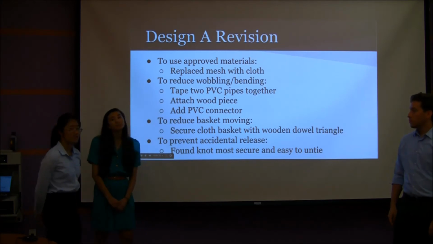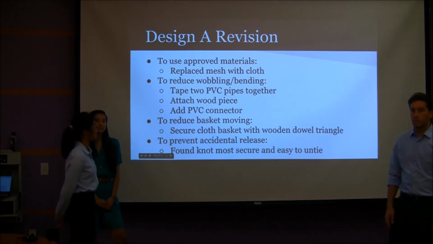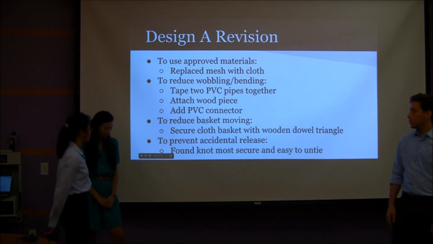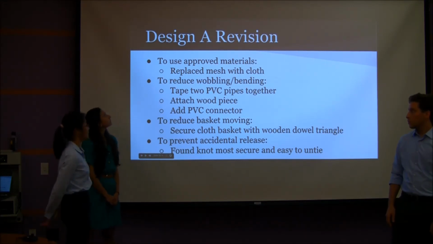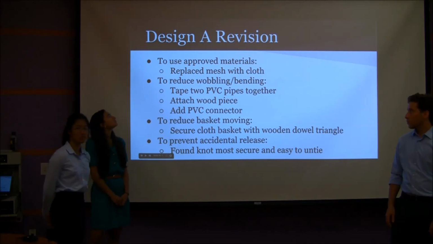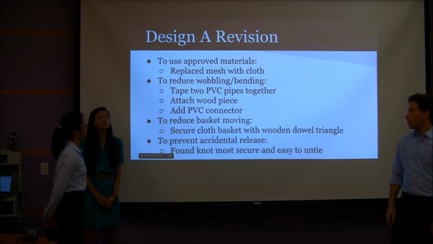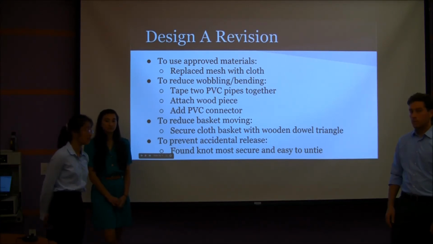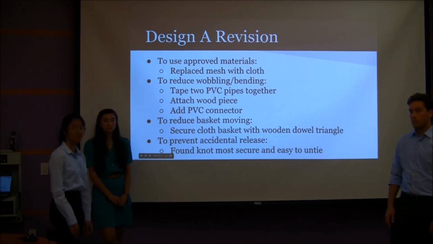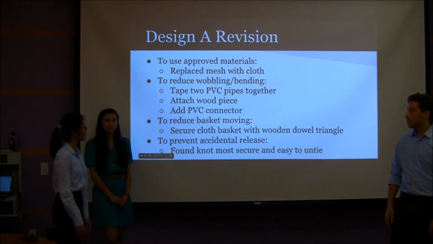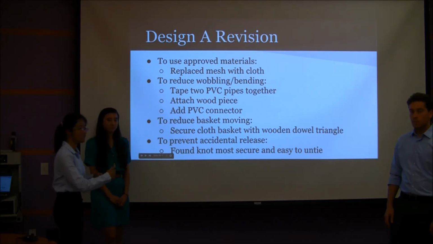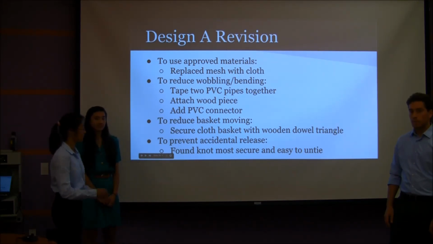So even though we decided that design A was the best design, we still had to revise it several times after testing it. So first we replaced the mesh with cloth material because we were not allowed to use the mesh. Secondly, we noticed that the PVC pipe was bending and wobbling a lot, and so to add more stability, we taped 2 PVC pipes together and then attached a wooden piece at the front end to add more stability.